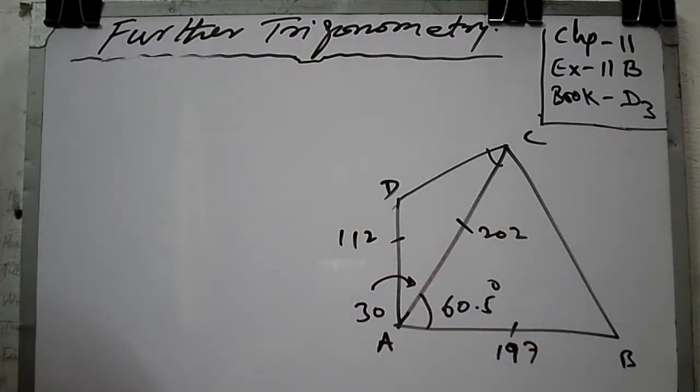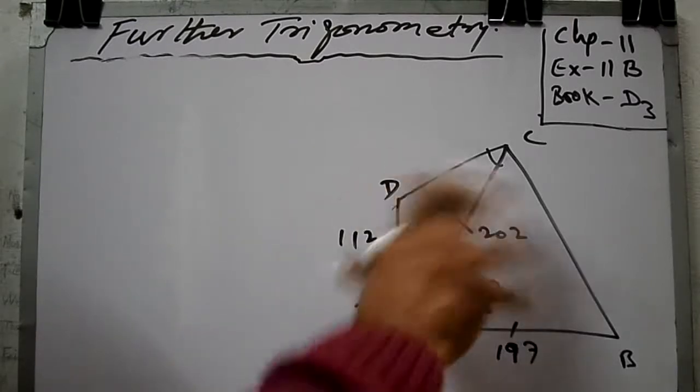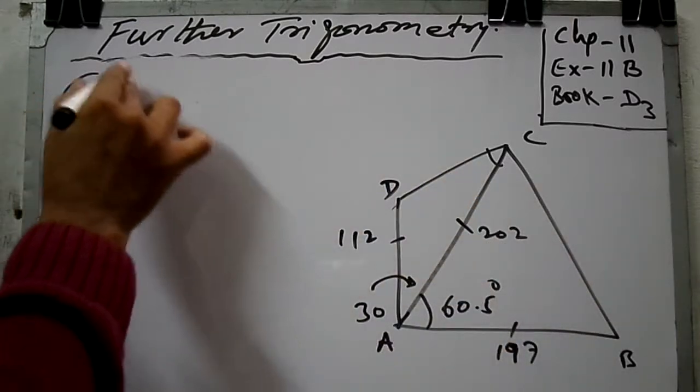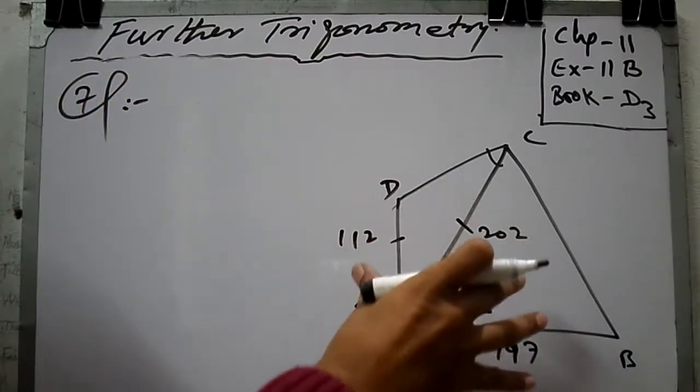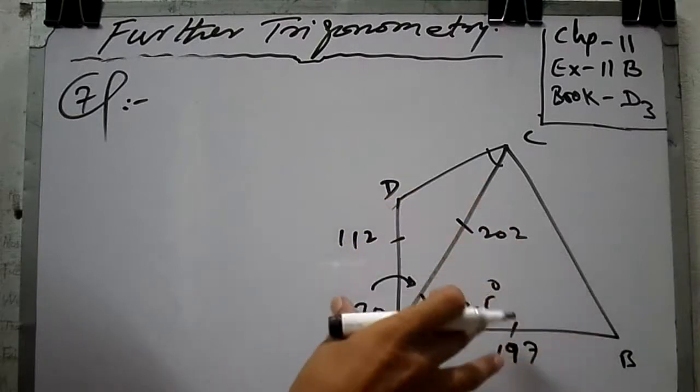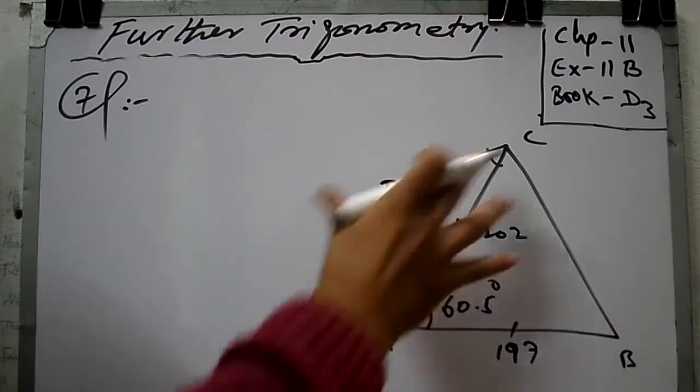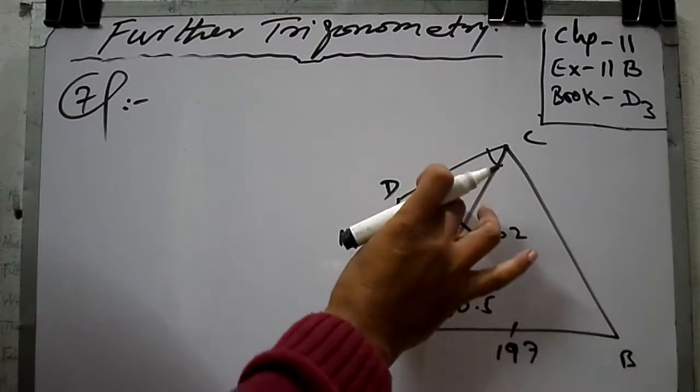So we have to calculate the area of the state. For example, this is your state. Question number 7. Here we have represented a quadrilateral ABCD, which is equal to the sum of two triangles. One triangle is this one, second triangle is this one.